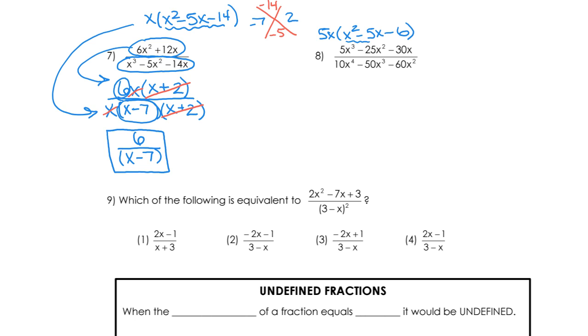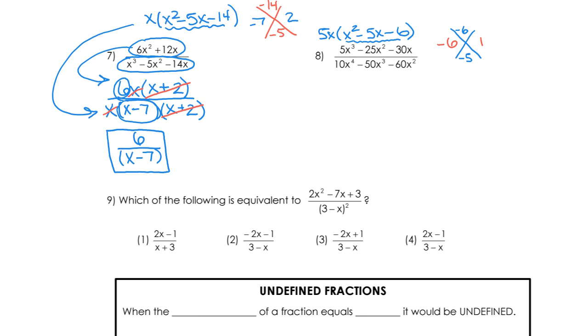And I could have foreseen that that was going to be a trinomial left over, so we can go ahead and set up our x box. We're going to multiply to negative 6, and at the same time, we're going to add to that negative 5. Okay. The numbers must be 6 and 1, and to get a negative 5, we're going to make the 6 negative. So that will make our multiply to negative 6 and our add to negative 5.